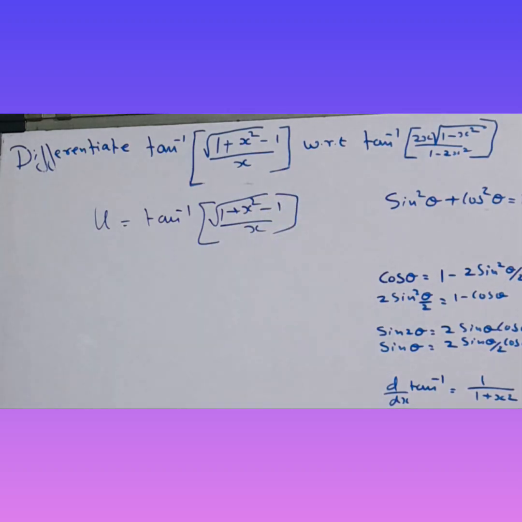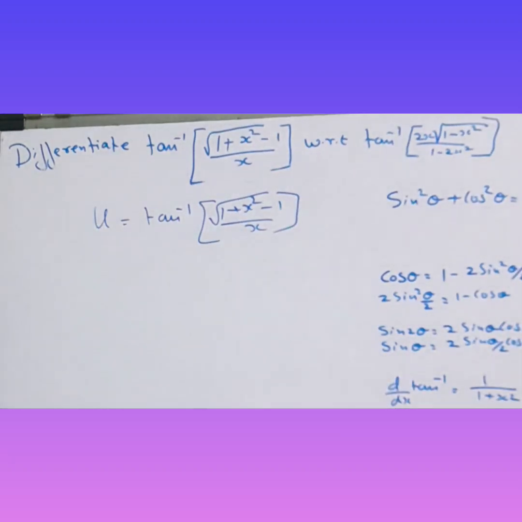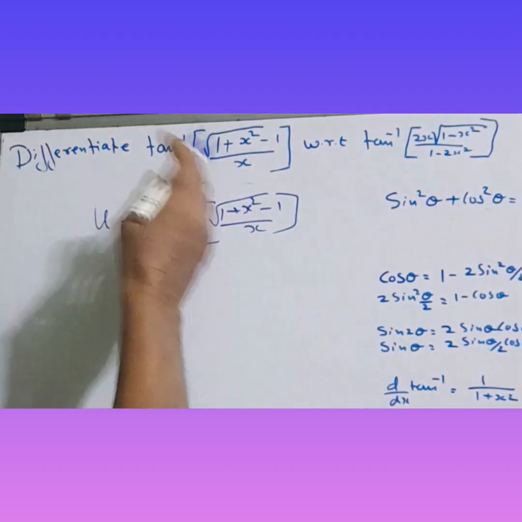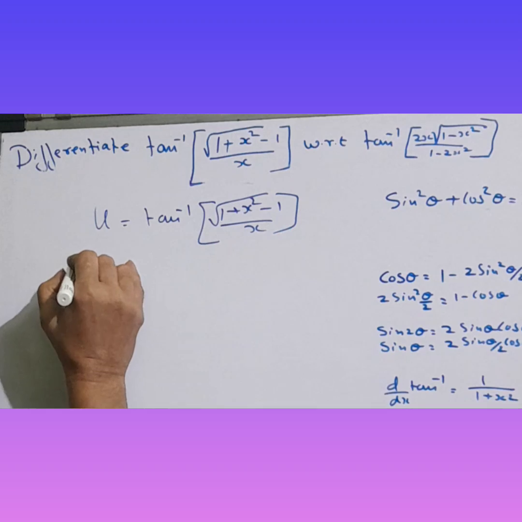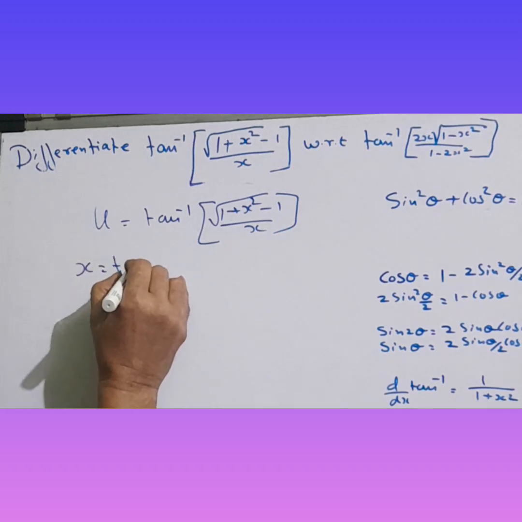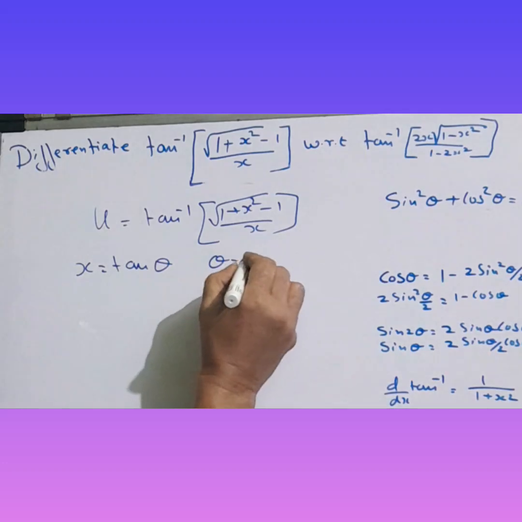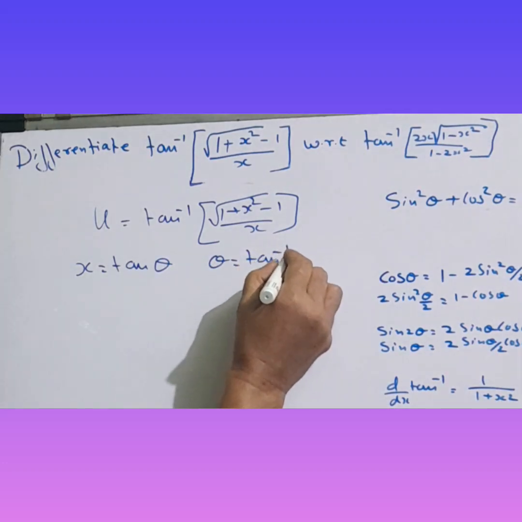Furthermore, we have got to substitute x with something sensible. So let's substitute it with tan theta. Let x be equal to tan theta, so obviously theta would be equal to tan inverse x.